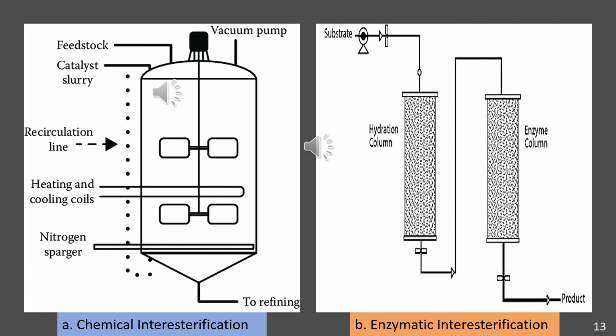The reaction is allowed to proceed for 30 to 60 minutes. When the completion has been confirmed by measuring melting point and solid fat content, the catalyst is neutralized in the reaction vessel.